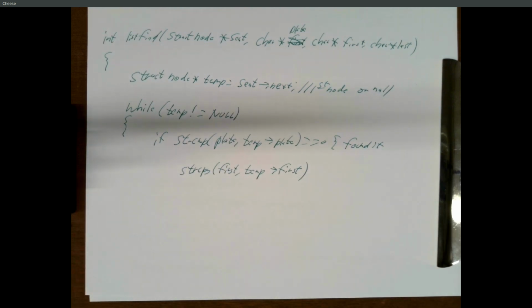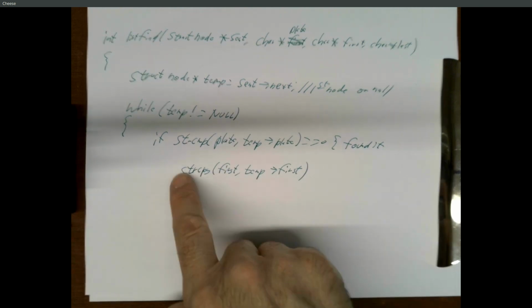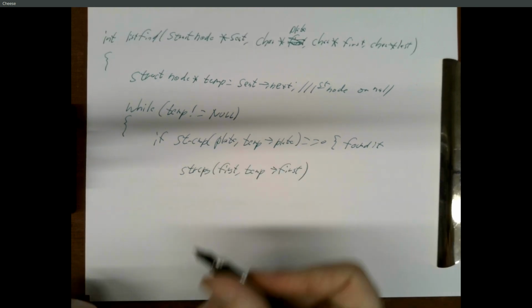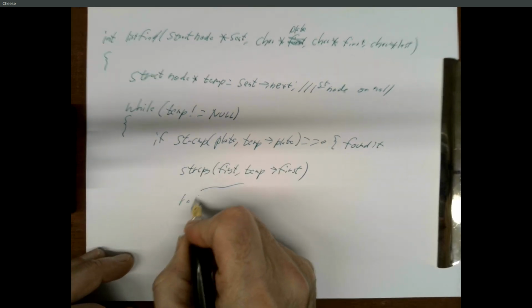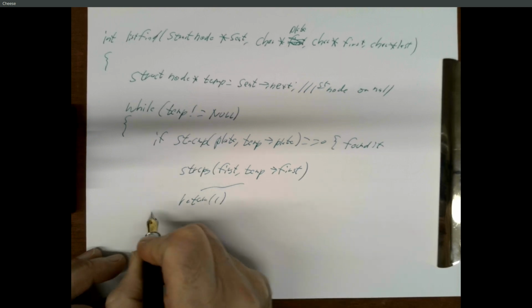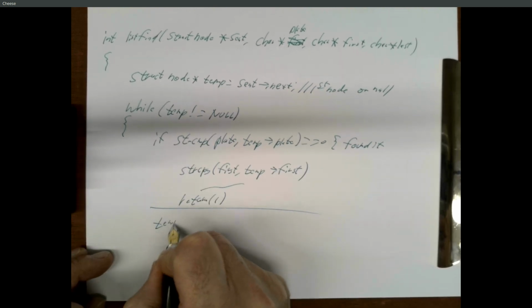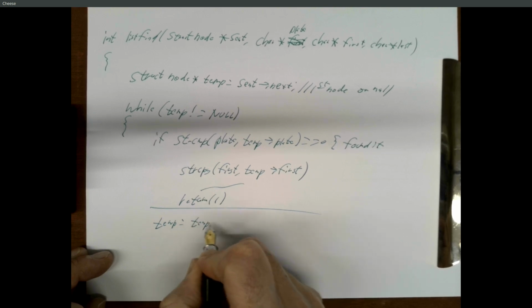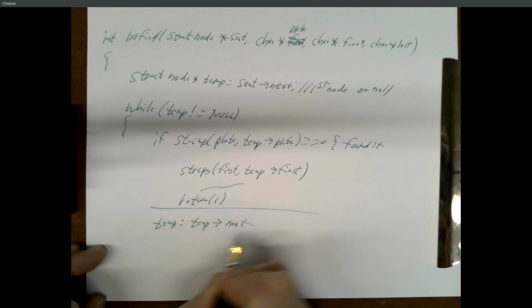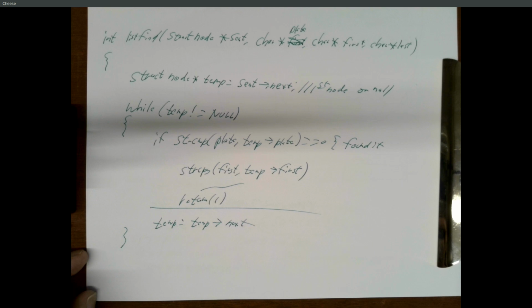Okay, so what do we do with list find? Go through, and if you find that the plate matches, copy the first, copy the last, return 1. Otherwise, move down the list, go back up, iterate on your while loop.